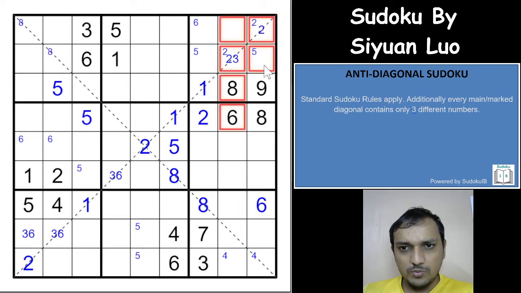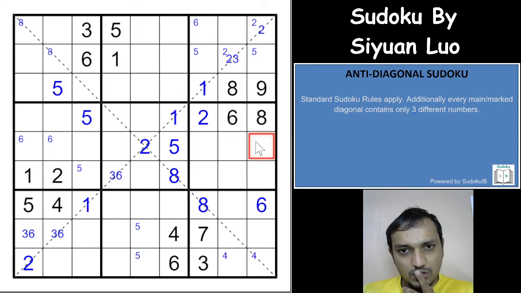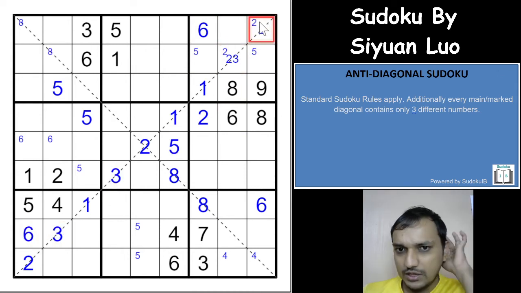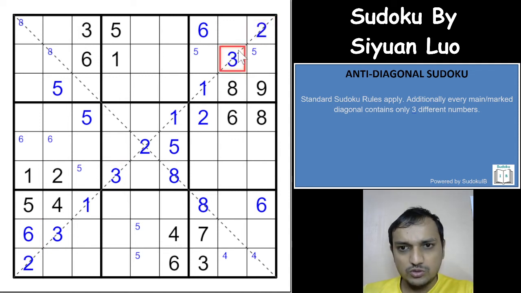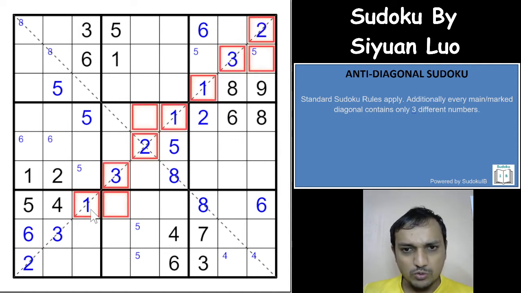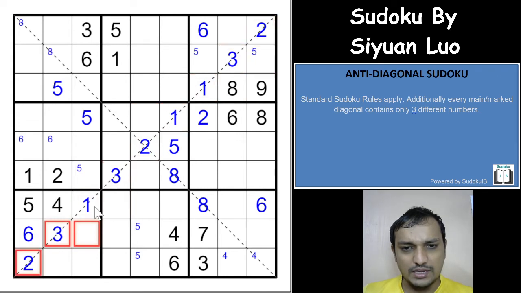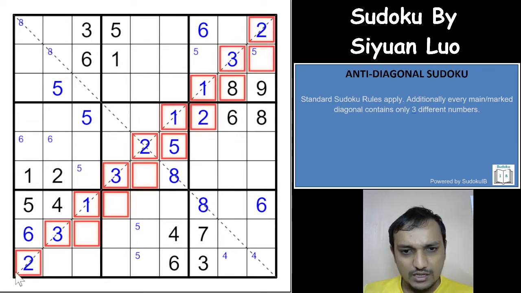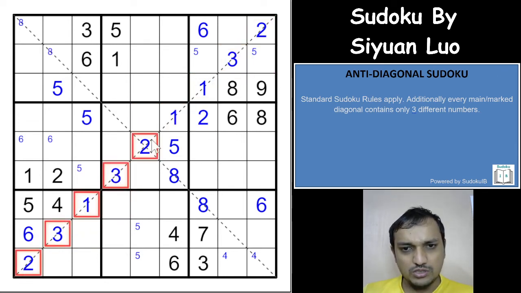Oh, 6 cannot be in any of these cells, right? Okay, that's nice. 6 cannot be here, 6 cannot be here. So this cell would have to be a 6, which means it is 3 here, 3 here, 6 here, 1, 2 and 3, right? So this is 2, this is 3. We got 1, 2, 3 in all of these columns. So this diagonal is done. If you see the diagonal here, you have 1, 2, 3, 1, 2, 3, 1, 2, 3.